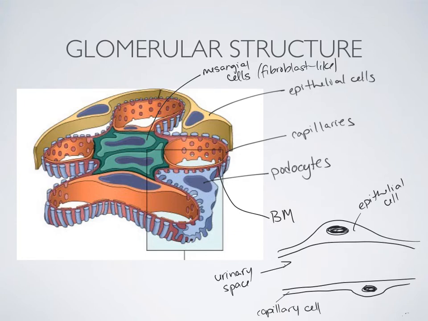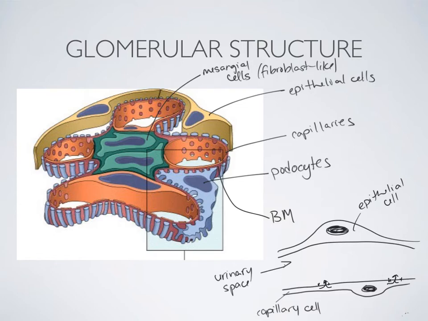So the capillary itself, those endothelial cells actually have big holes in them called fenestrae. So basically, imagine that there's little space here for fluid to come out from the blood.